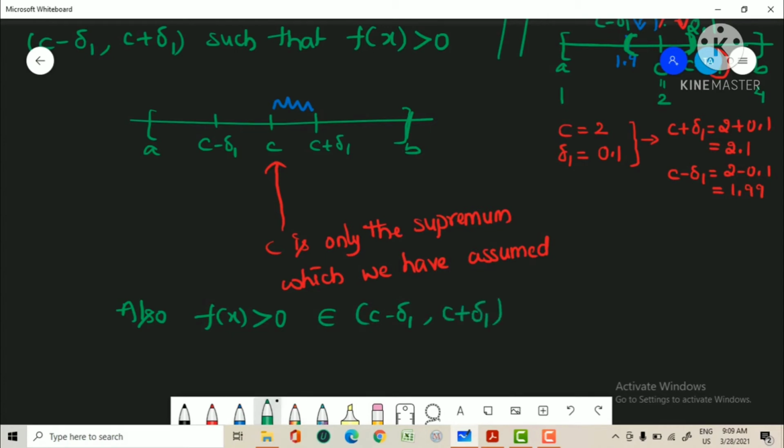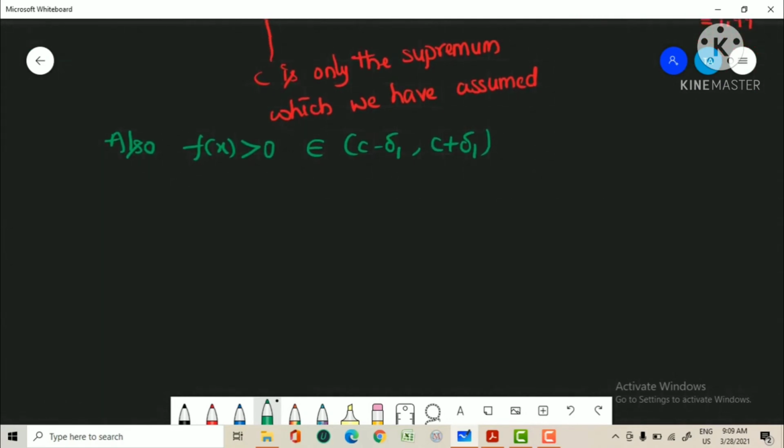This is A, this is B, this is C, this is C plus delta 1, C minus delta 1.